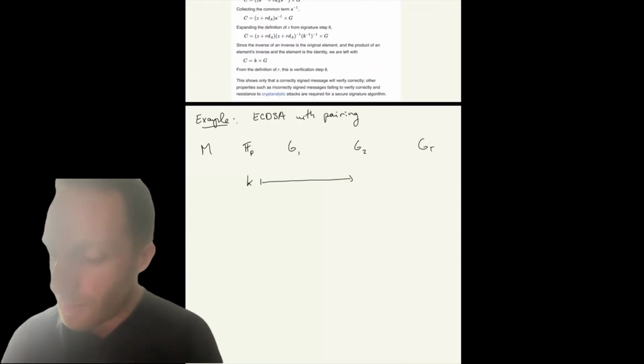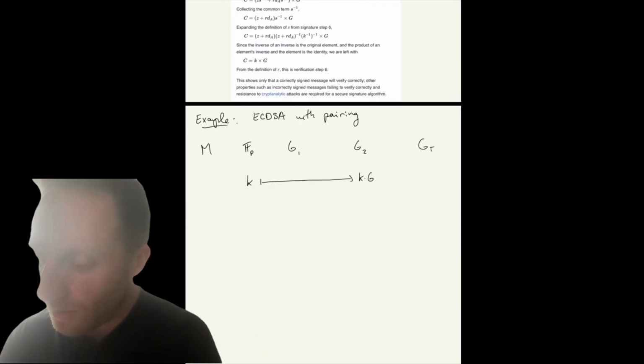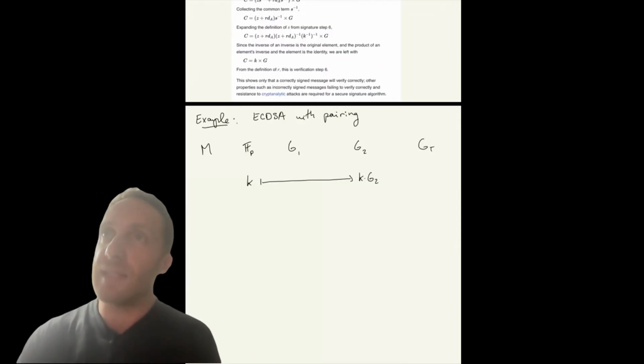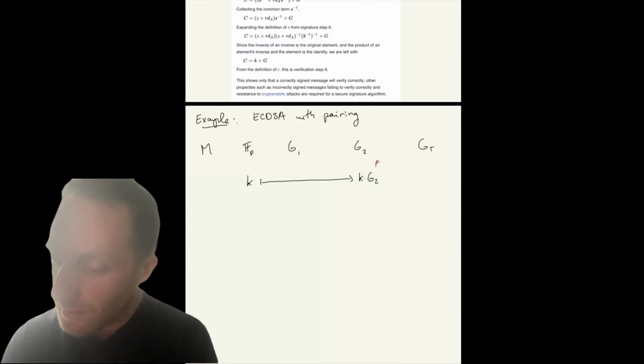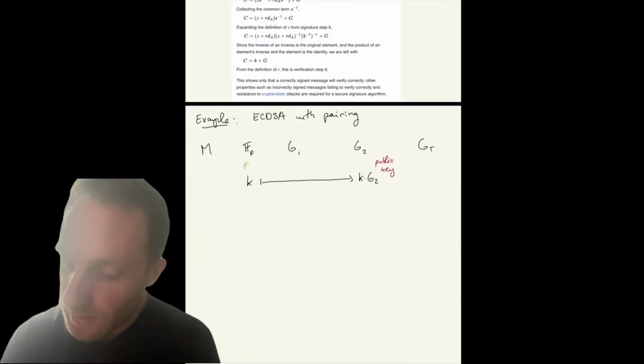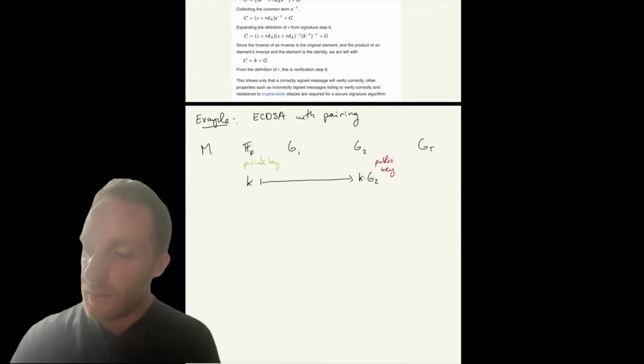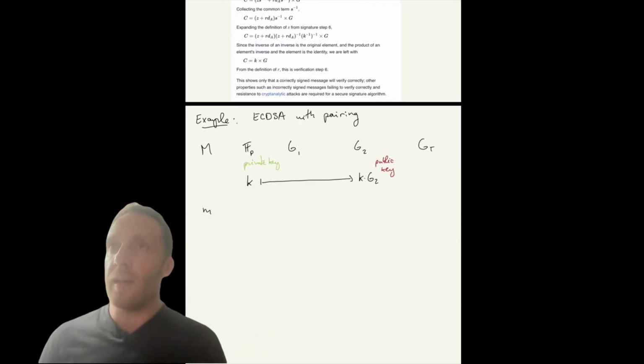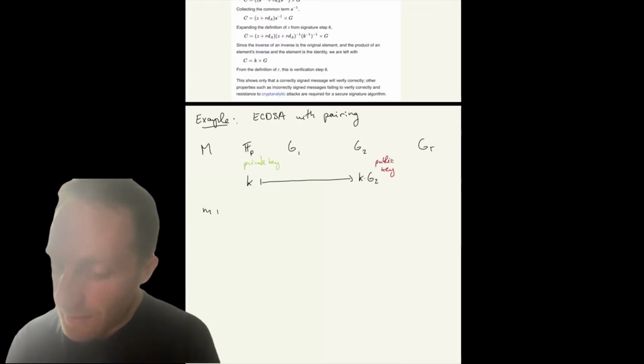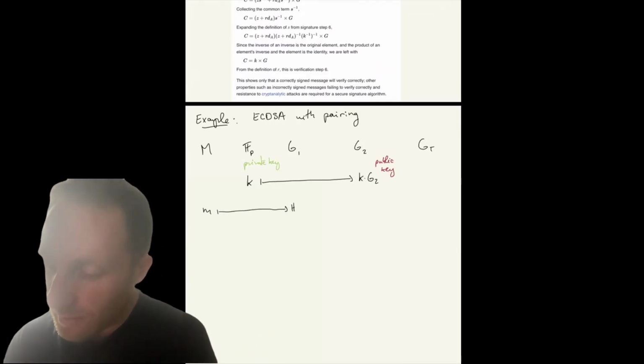I'm just choosing to put k times G2 here. This is the public key, and this is the private key. Okay, and now we also have a message M, and we have a hash function which goes to G1, so H of M.